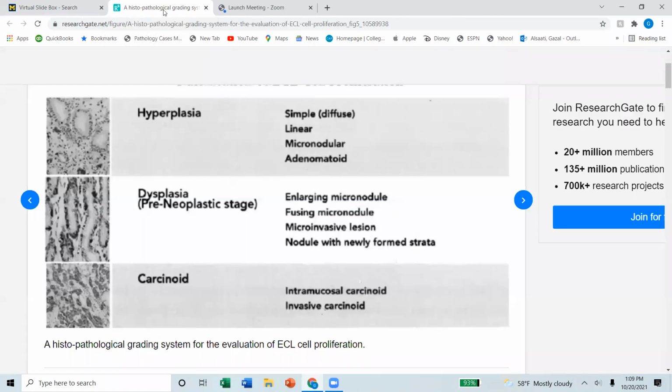So this is the first homework I promised to provide the answer to. The other one was the ECL hyperplasia in AMAG. I found this nice chart, the differentiation between hyperplasia, a preneoplastic process, and a carcinoid or neoplastic process. So the hyperplasia can be diffuse type, which is scattered, increased ECL cells throughout the entire stomach, and they're basically basally located.